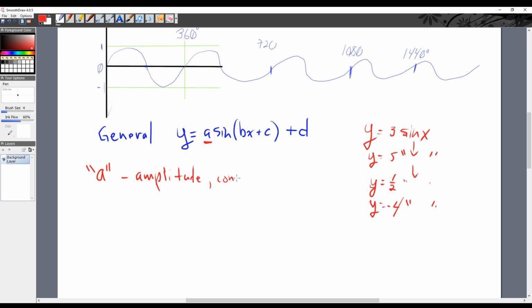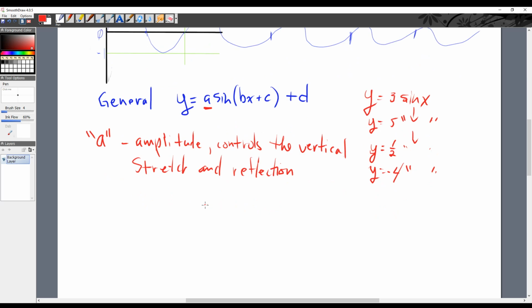It controls the vertical, so the up and down, stretch and reflection. This is still not working as well as I would hope, but nevertheless, here we are. Okay, so it's the amplitude, it controls the vertical stretch and reflection. Some examples of that.